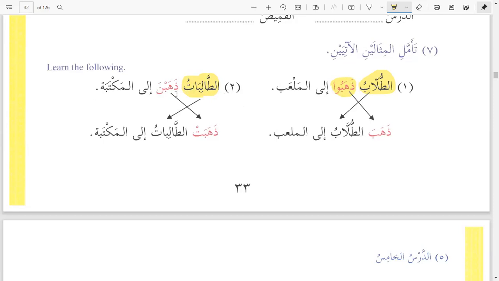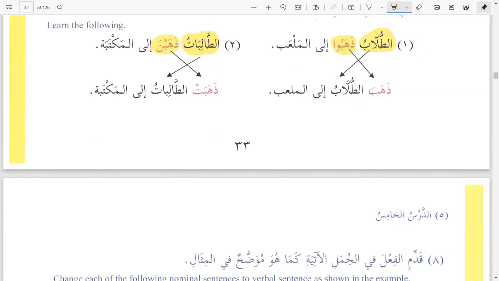The female students went to the library. So for the masculine plural we use the plural form of the verb. Nominal sentences have two parts, mubtada and khabar. Zahabu ilal mal'abi is the khabar, and at-tulabu is the mubtada.